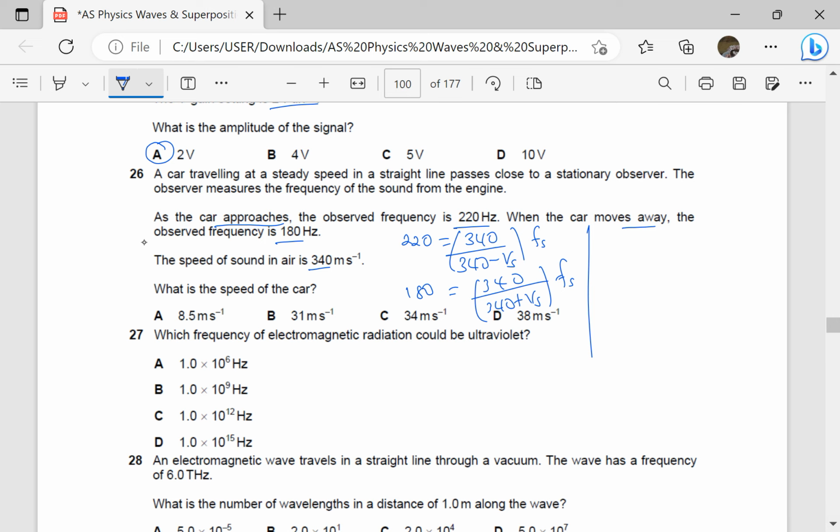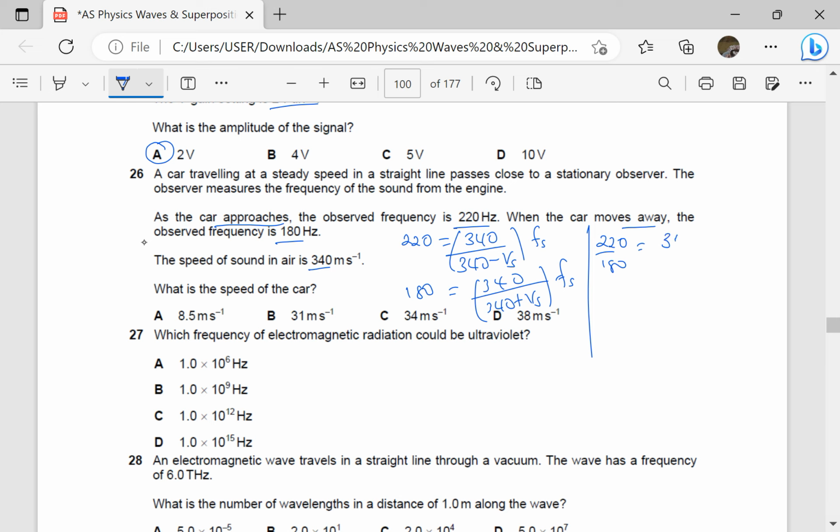Dividing the two equations, I have 220 divided by 180. Fs cancels out, and the 340 in the numerator also cancels out, so I just get the reciprocal of the bottom equation.